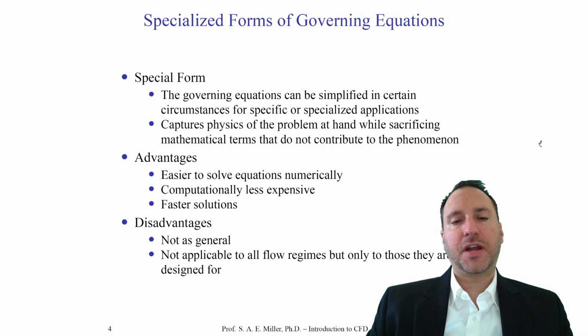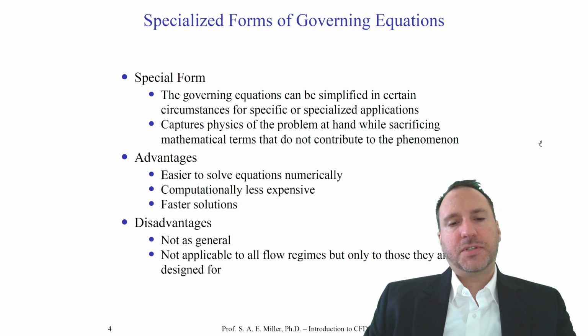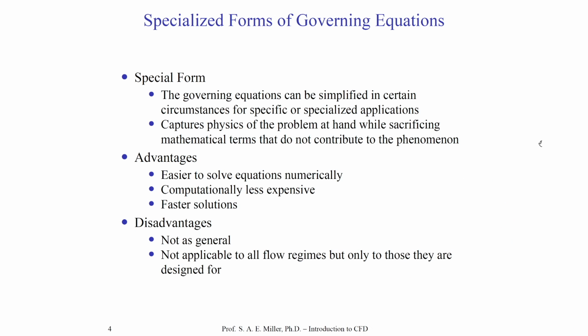You'll have to be very knowledgeable when choosing one of these sets of equations because you'll be sacrificing the fidelity of the solver. It's also not as general. So a CFD code that solves perhaps the potential flow equations will never be able to fully capture turbulence. Now, these specialized forms are not applicable to all flow regimes, but they are only used typically for those that they're designed for.